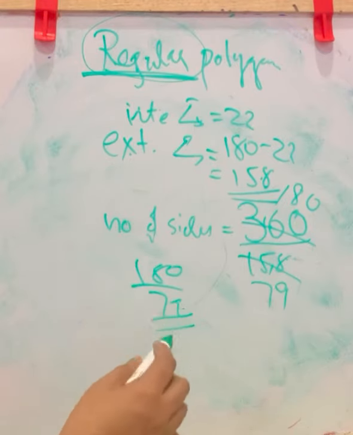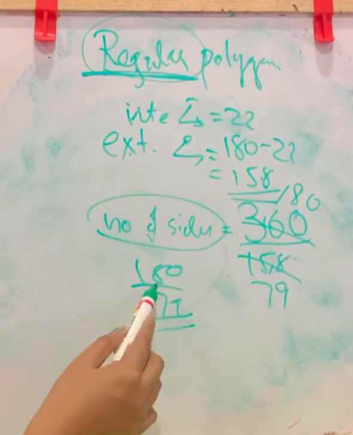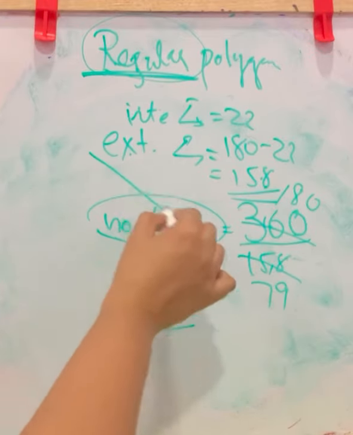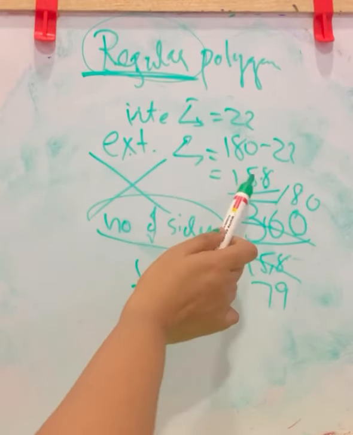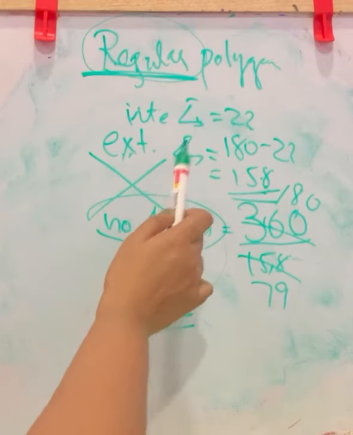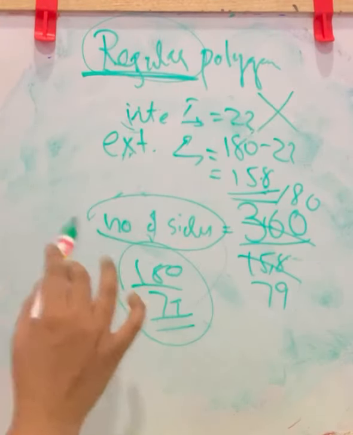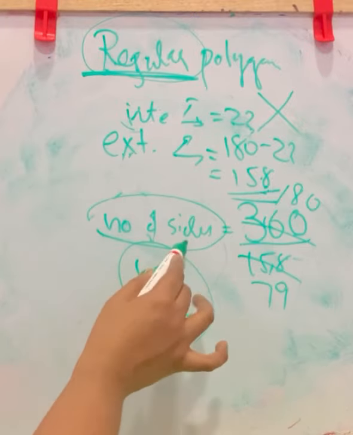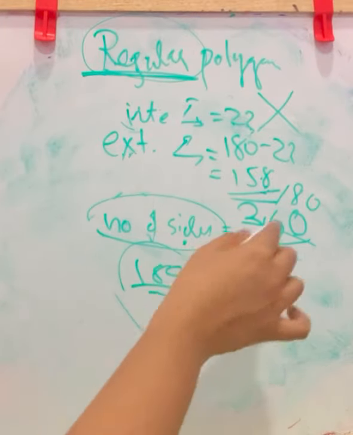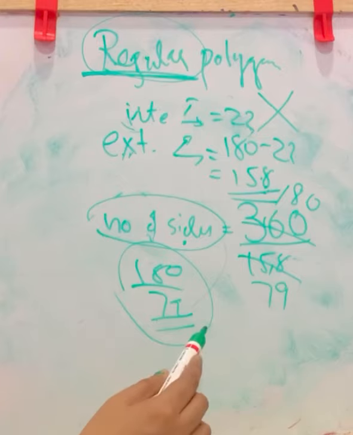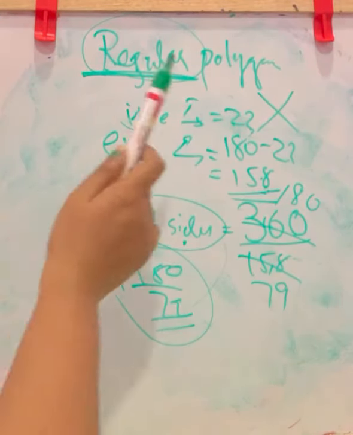This is the least fraction. So the number of sides again we got as a fraction. So this is not possible, to have 158 as the exterior angle. That is, 22 as the interior angle also. Number of sides is not a fraction. The sides we can count. So here this is not possible, to have the interior angle as 22.